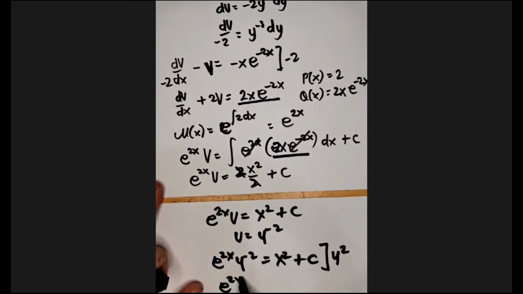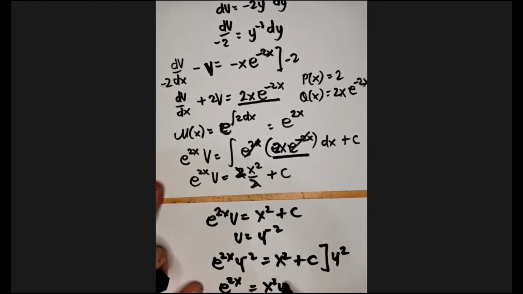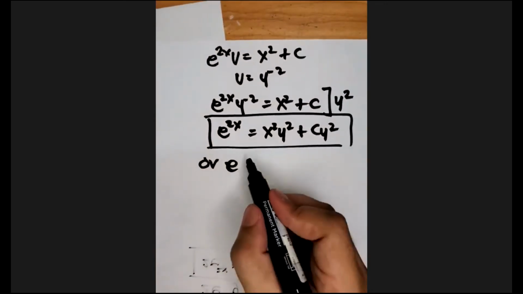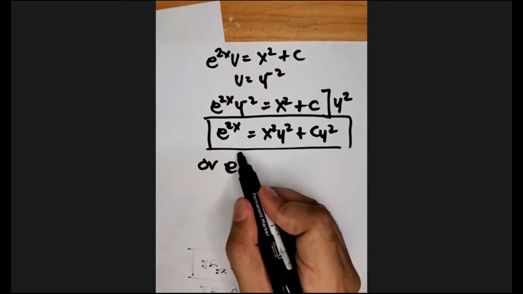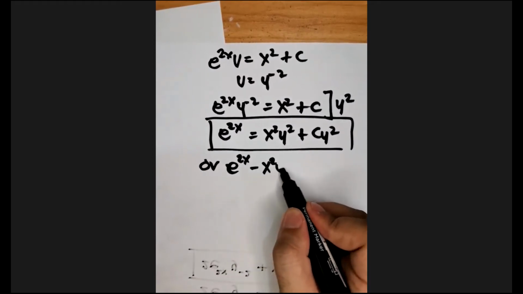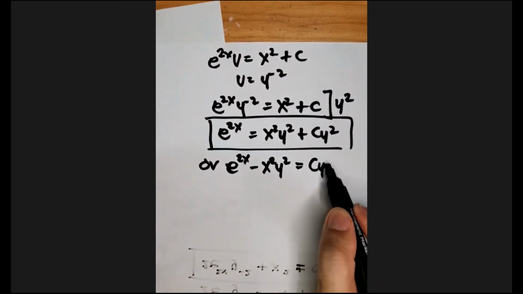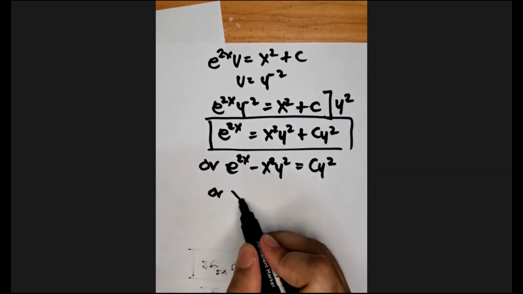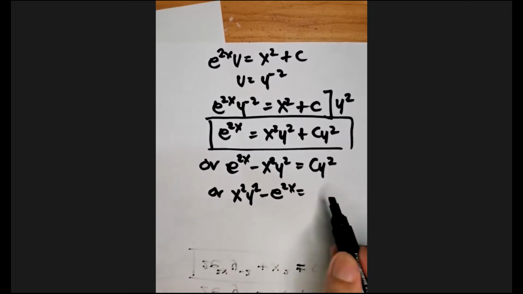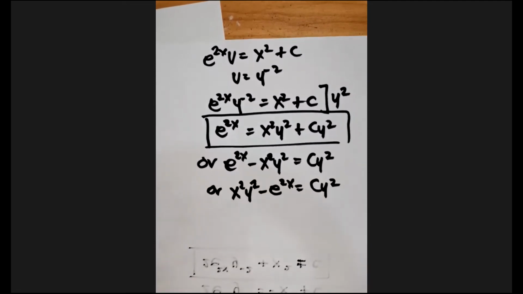So e raised to 2x is equal to x squared y squared plus cy squared. Ayan. Or we can write it as e raised to 2x minus x squared y squared is equal to cy squared, or x squared y squared minus e raised to 2x is equal to cy squared. So whichever.